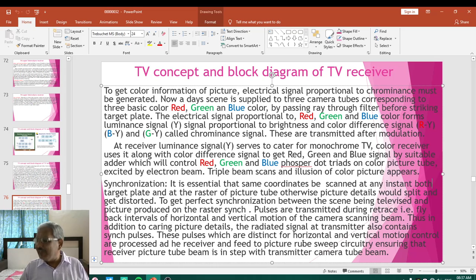This is achieved by using the horizontal as well as the vertical sync and blanking pulses introduced in the camera and separated at the receiving end, and then they are provided respectively to the horizontal and vertical deflection system to scan the same coordinates to produce the picture raster on the television screen to give the illusion of the same picture information which exists in the scene or in the event.